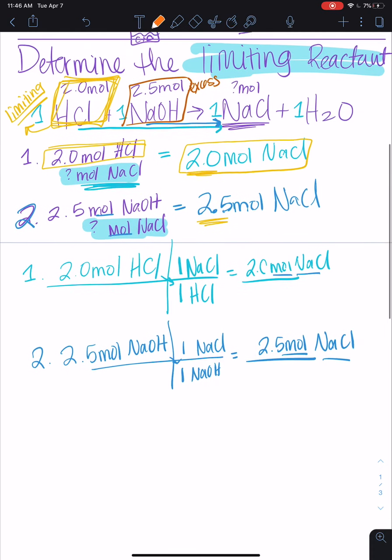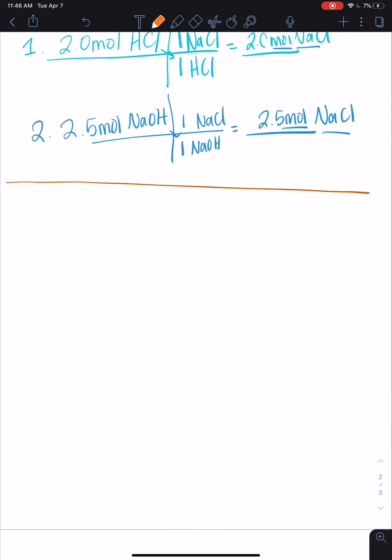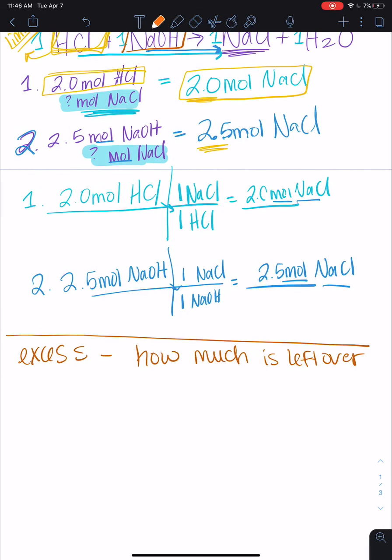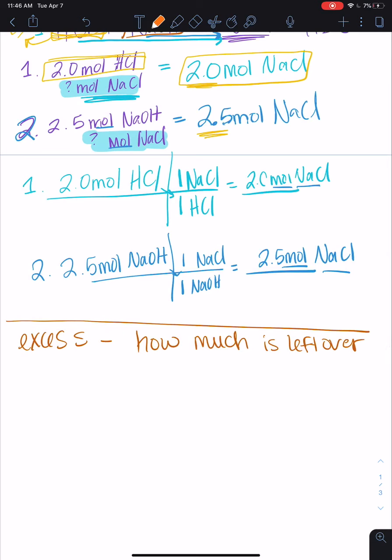All right, so let's talk about excess. Oftentimes we are asked how much is left over. This one is pretty much the same steps every single time. You are going to take the limited product.